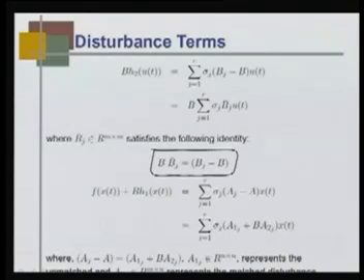Similarly, f x t plus b h 1 x t is this second term, j equal to 1 to r sigma j a j minus a x t, and then this can be written in terms of 2. Looking at this, you can easily see sigma j a 1 j x t is f x t, and sigma j b a 2 j x t, I can take out b and write this as b h 1 x t. So, here a j minus a has to be written in terms of a 1 j plus b a 2 j.